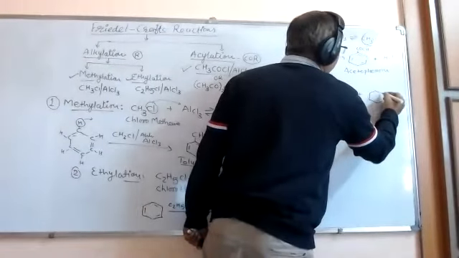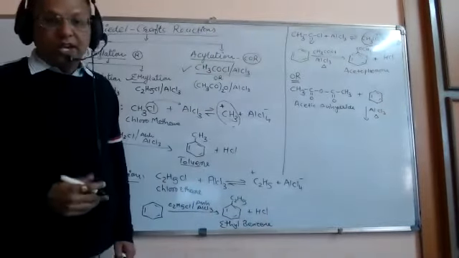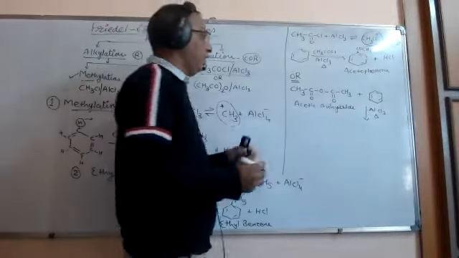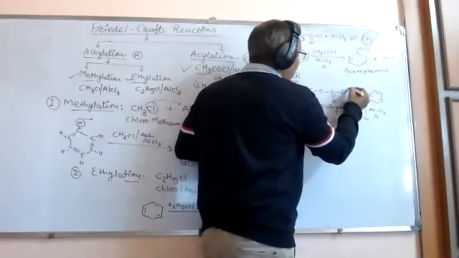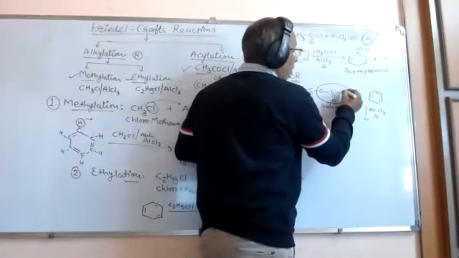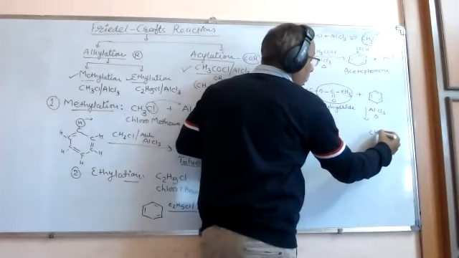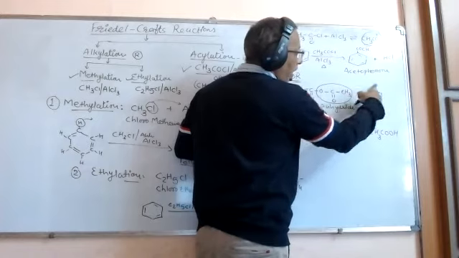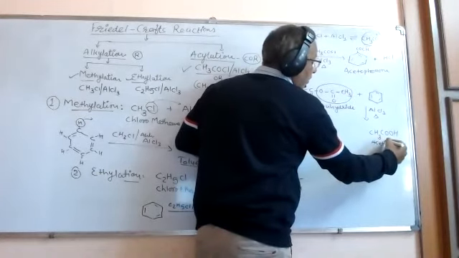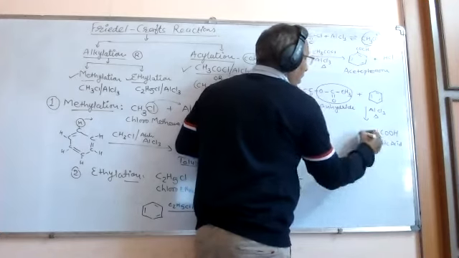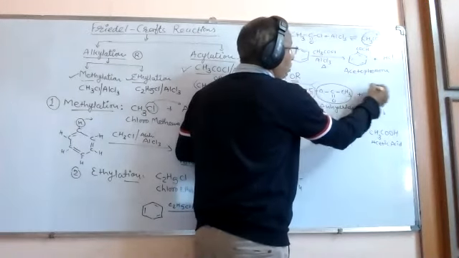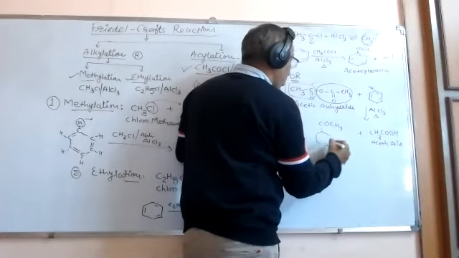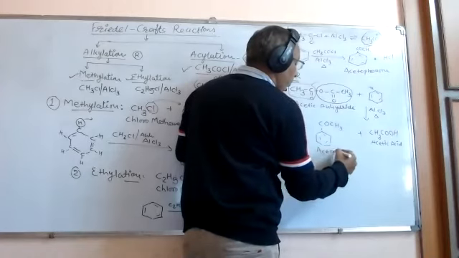AlCl3 is the catalyst here, anhydrous AlCl3, and this will react with benzene. Hydrogen from benzene and this part from acetic anhydride we remove as CH3COOH. This is called acetic acid, and this part will join on benzene to give us acetophenone.